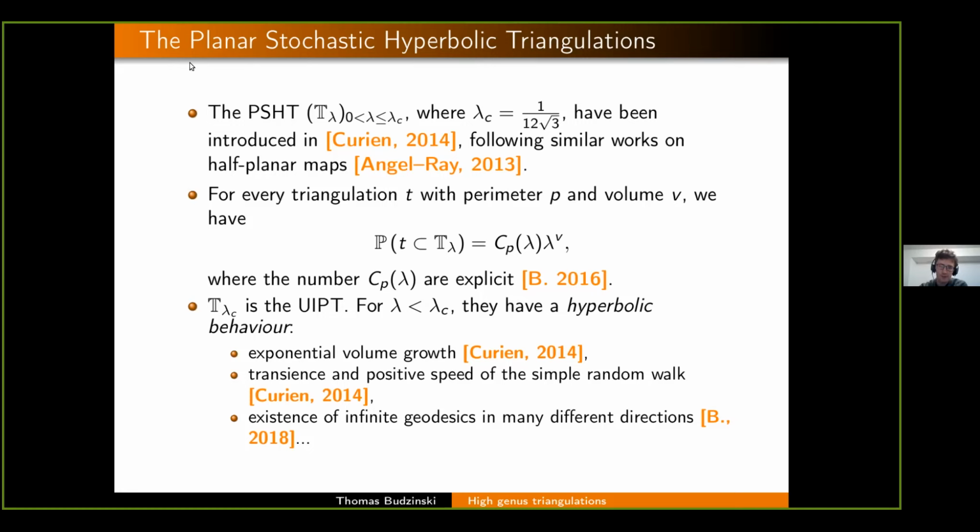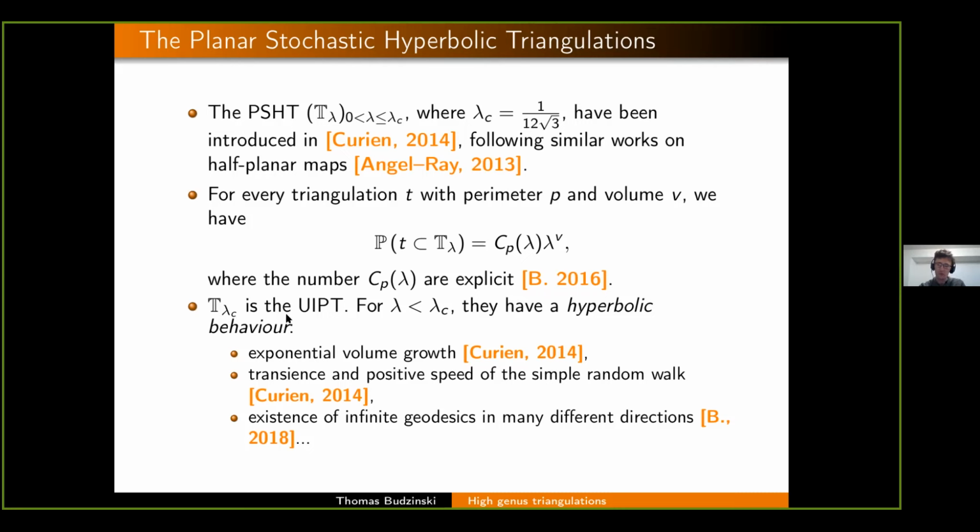So in this family of random triangulations, we will have this formula very close to the one describing the UIPT. The probability to have a neighborhood of the root isomorphic to little t will be something depending only on the perimeter times lambda to the power the size. And it turns out that if we want something like that, these coefficients Cp are going to be determined by lambda and can be written explicitly.